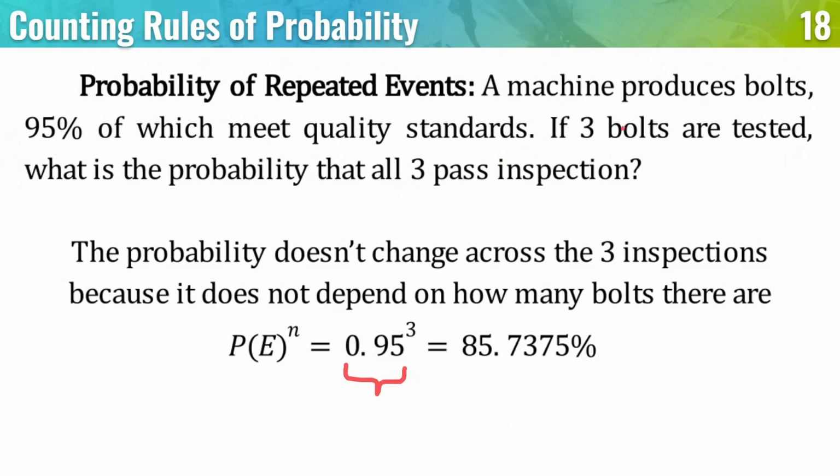And then you have to raise it to 3, since if you're testing 3 bolts, you have to find the percent of 95% times 95% times 95%. So it should give you 85.7375% or 0.857375.